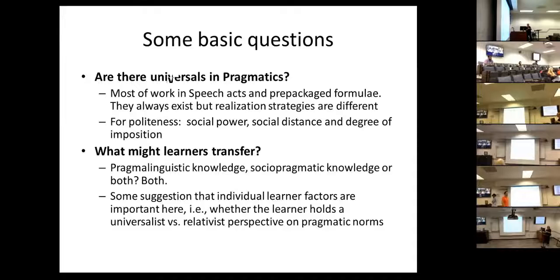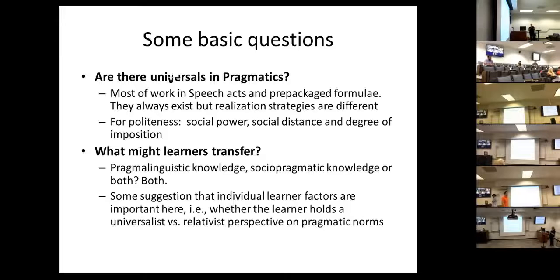And we know that there are differences between East and West, for example, in that. Another basic question is, what do learners transfer? Do they transfer pragmalinguistic knowledge or socio-pragmatic knowledge, or both? And the answer is, as you might expect, they transfer both.